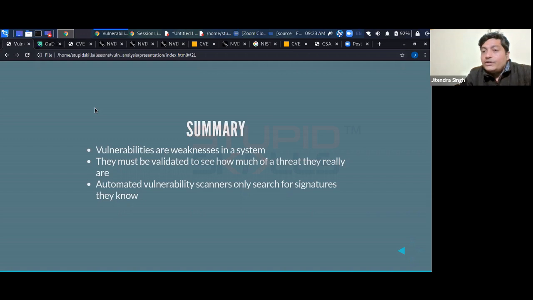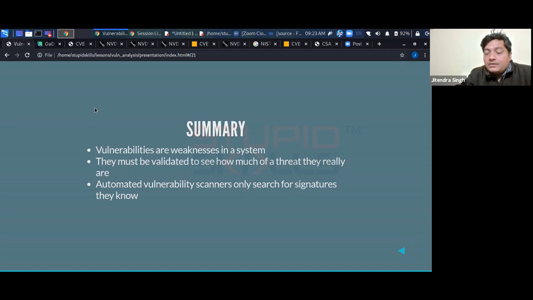But you will always have to do the maximum part by yourself as a penetration tester, and you would define your scope and your targets only after doing a detailed research and assessment, as I have shown you. So these vulnerabilities must be validated as to whether they are exploitable or not.